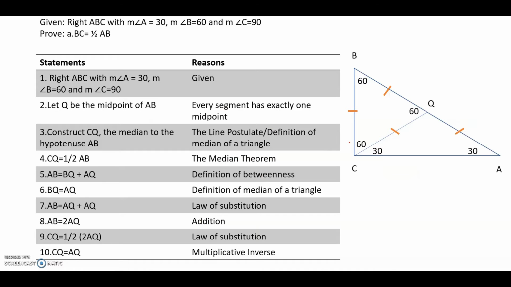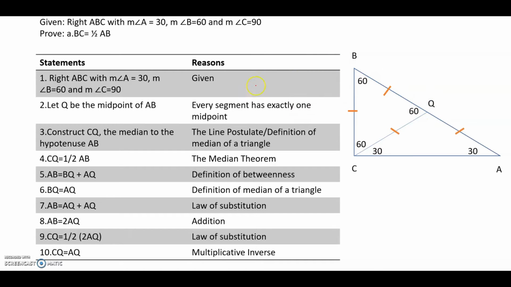Let us first prove that if you have this given triangle here, this leg, side BC, is equal to 1/2 of AB, which is the hypotenuse.